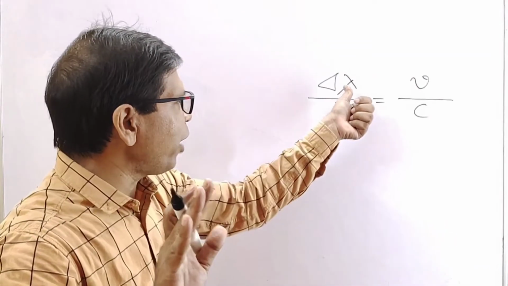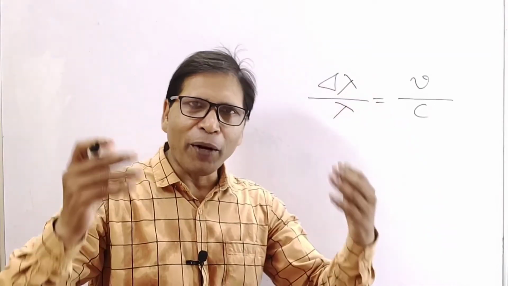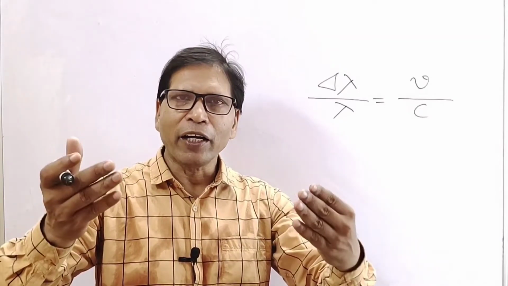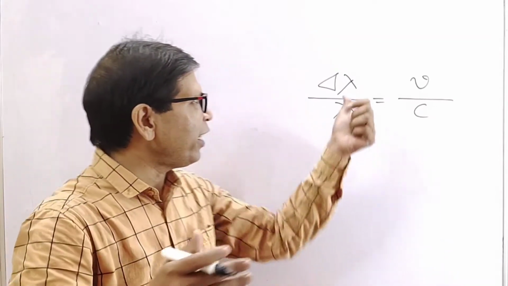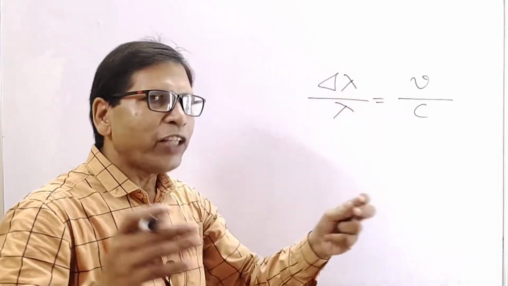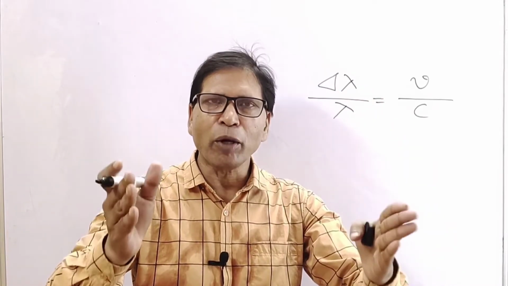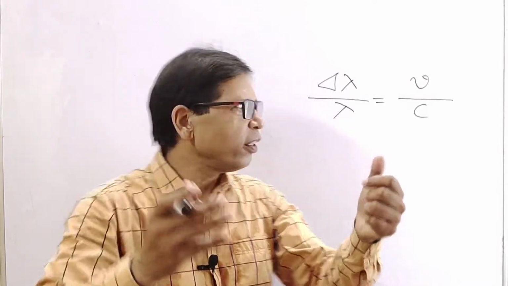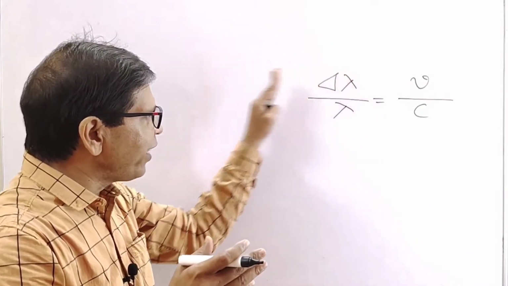So here, the wavelength of light coming from a star which moves away from us increases. So the spectrum from this star or source is shifted towards the red region.